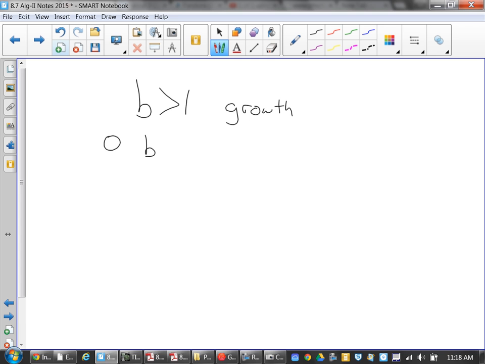It was never negative. B was never negative. You don't have to worry about it being growth versus decay because it's still an exponential function. When we do the actual modeling with the calculator, it'll calculate for you. So we just have to be confident.